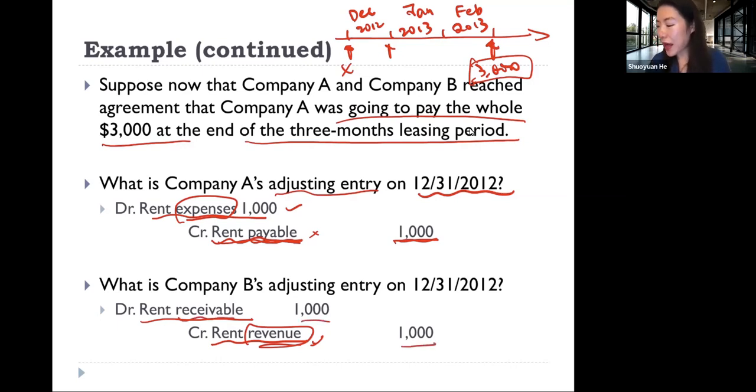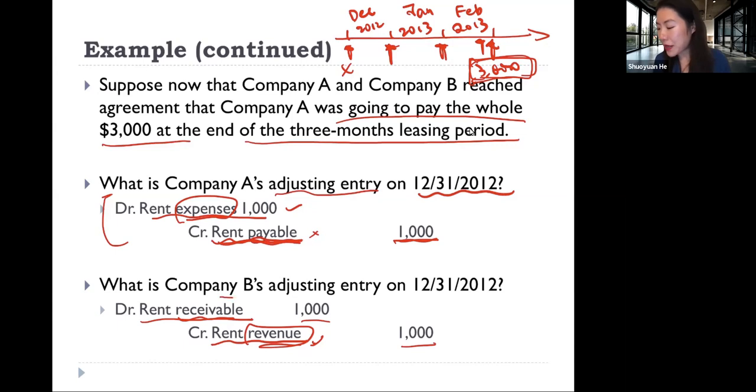And then company A makes the same journal entry at the end of December, at the end of January, at the end of February. At the same time, at the end of February, it is going to reverse all of the rent payable, and it is going to pay out cash of 3,000.